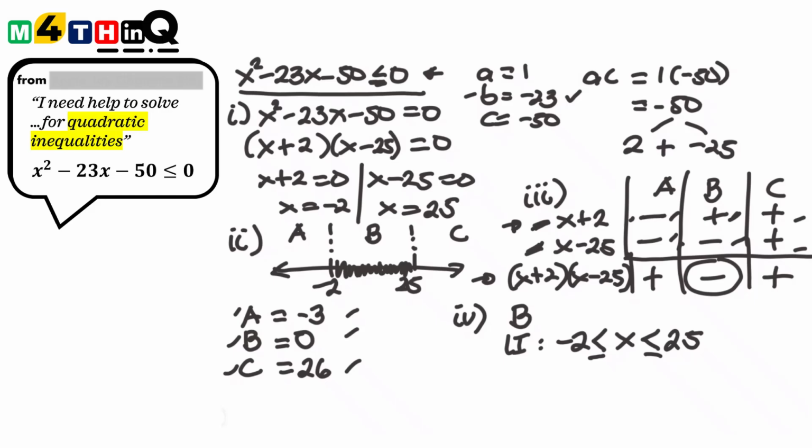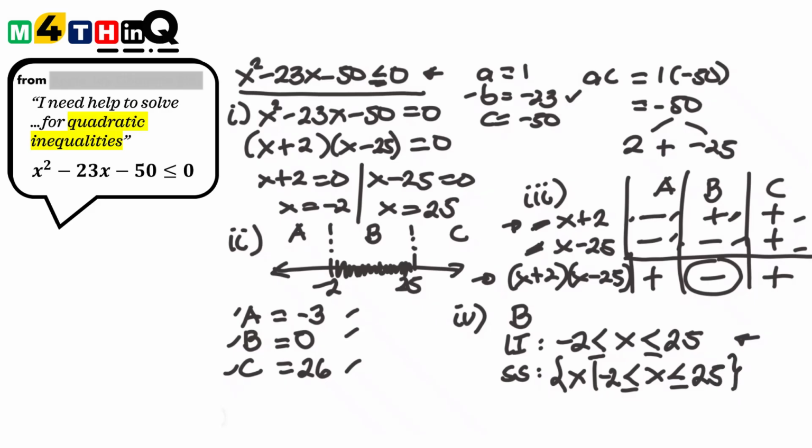The second form of our solution is what we call as solution set. So we simply come up with the set builder form of this linear inequality form. So set of x such that, simply copy the linear inequality form, and that is actually your set builder form.